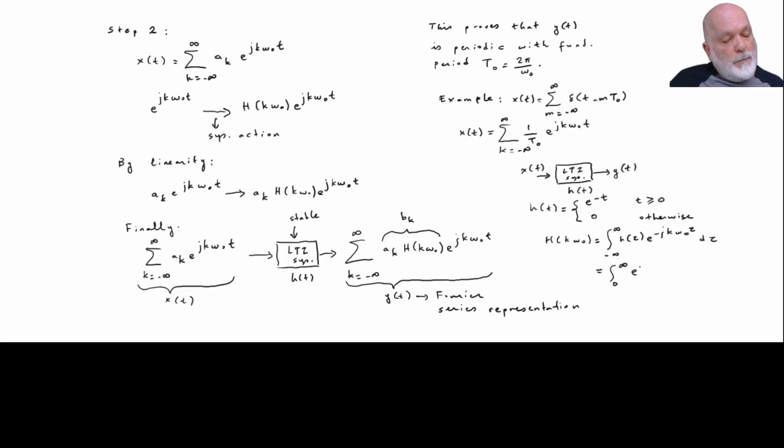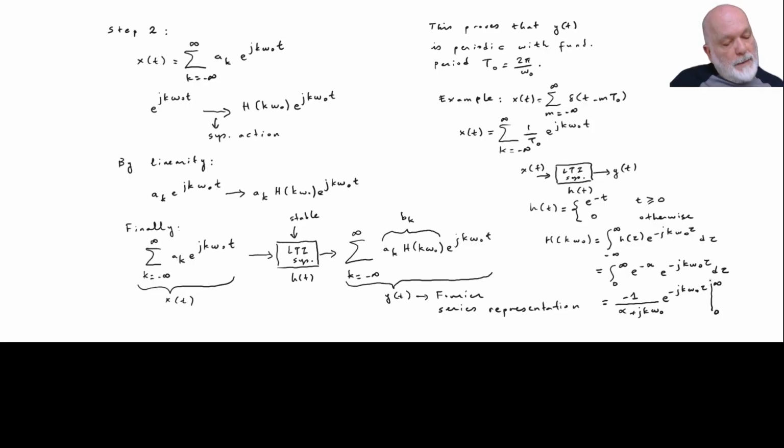So we have e to minus tau, e to minus j k omega 0 tau integrated with respect to tau. Now this integral becomes minus 1 over alpha plus j k omega 0, e to minus (alpha plus j k omega 0) tau, evaluated at 0 and infinity.